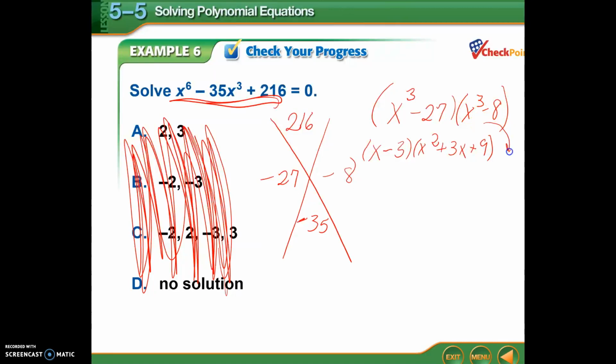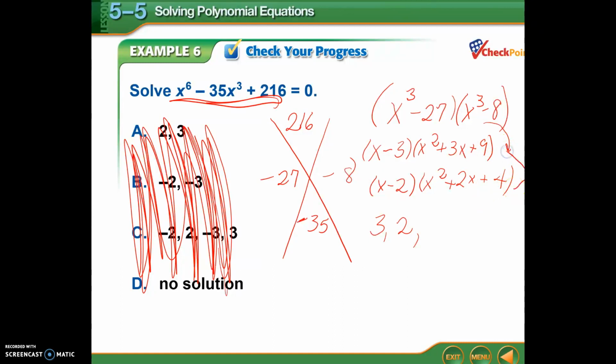And then this one breaks into x minus 2, x squared plus 2x plus 4. And then I want you to go ahead and put all of these equal to 0. So right away we see that 3 and 2 are two answers. But then I also want you to use your quadratic formula to solve these two out.